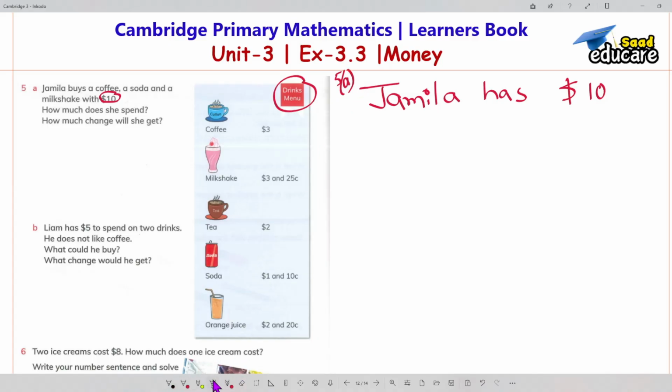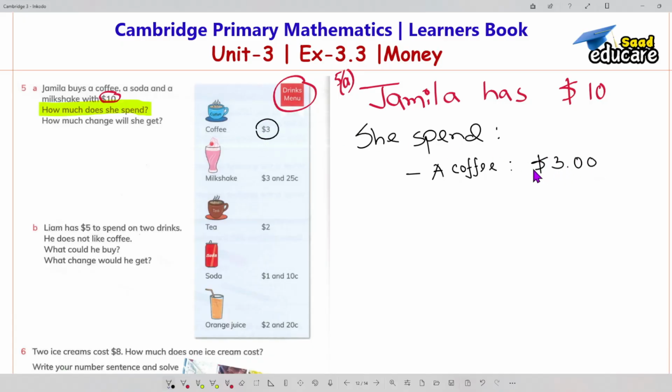Now our question is, how much does she spend? So we can write what she spent. First a coffee, which is $3. Then a soda for how much? $1.10.